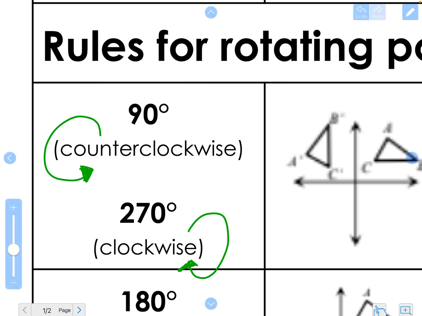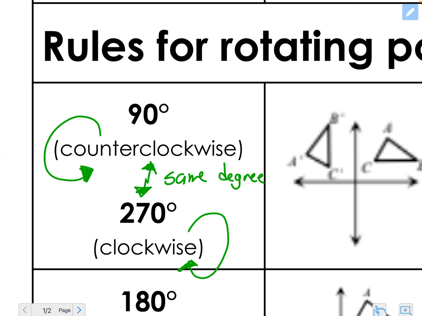If you were to follow the minute hand, that's clockwise. If you were to go backwards in time, that would be counterclockwise. So these 2 phrases, 90 degrees counterclockwise and 270 clockwise, mean the same degree of rotation. So 90 counter is the exact same thing as 270 clockwise.